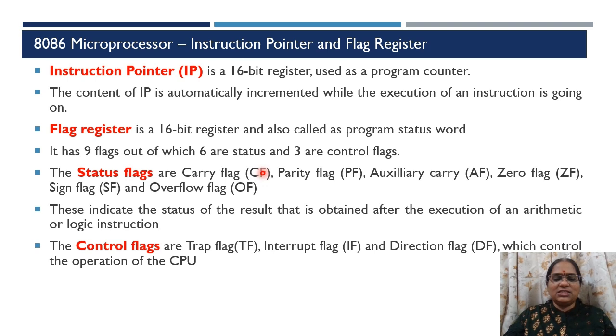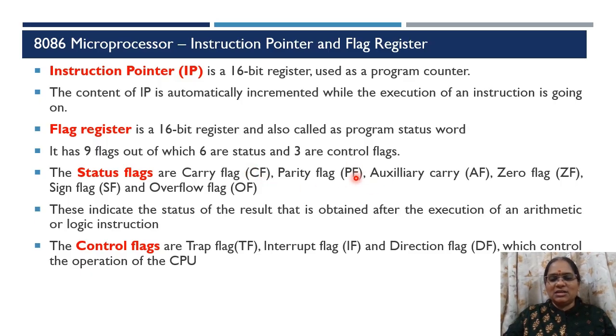The status flags are carry, parity, auxiliary carry, zero, sign and overflow. These are all indications of the result after performing any arithmetic or logic operation. So if you perform an arithmetic operation and you get a carry in the result, this flag will be set.